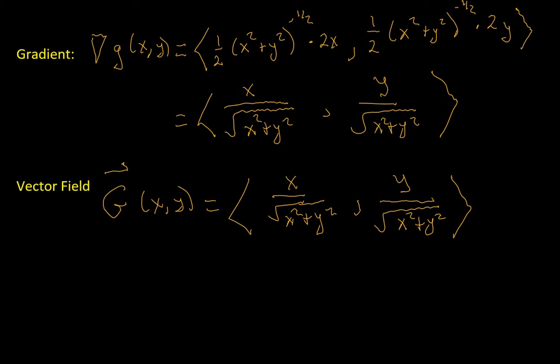So this is an example of a vector field that came from, or was born from, the gradient of a function. There we go.